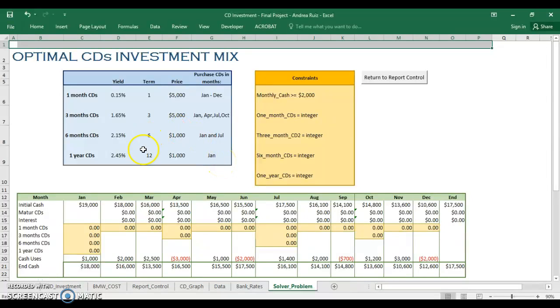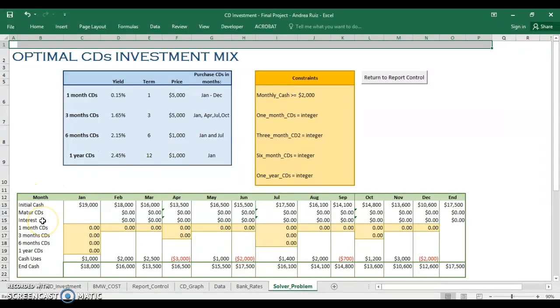This first table basically shows the characteristics of the 4 different kinds of CDs from the 4 different banks I researched, with the best available rates in 2018 for each category. I am also planning to make the minimum deposit for each kind of CD, and in the case of the 1-year CDs, I decided to do $1,000.